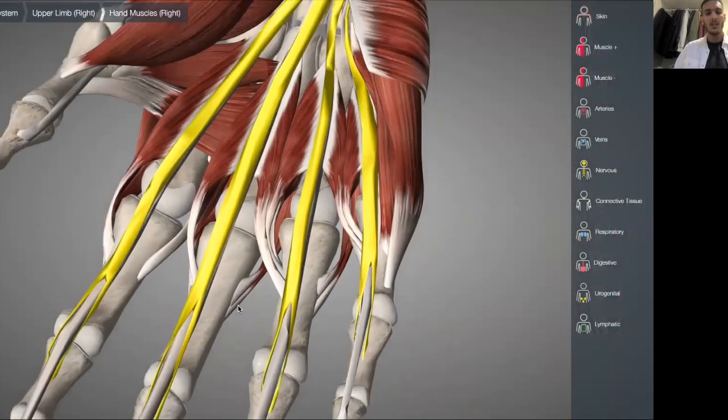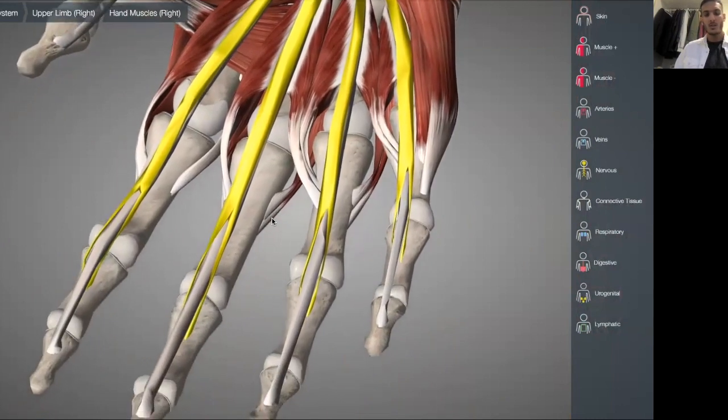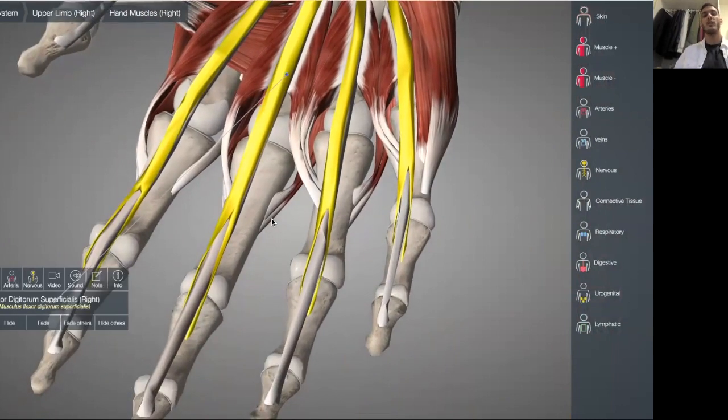It can be confused with the muscle found deeper to it. You see the end of the superficialis forms two extensions, and between them comes out another muscle called the flexor digitorum profundus.